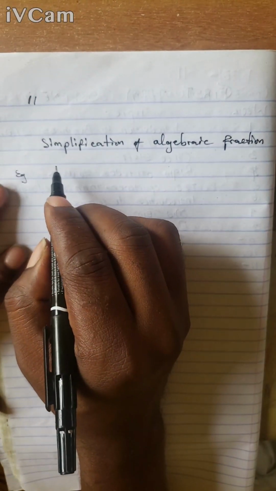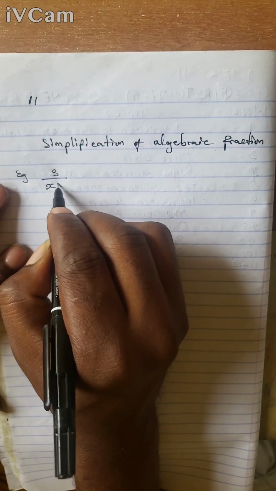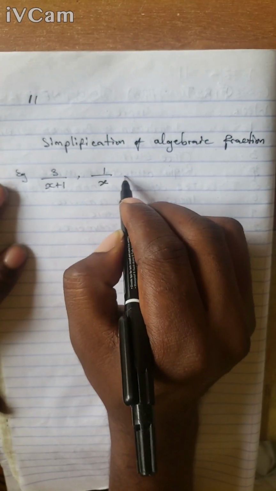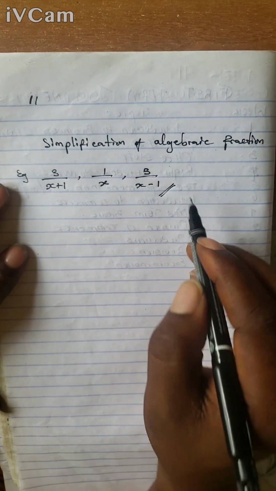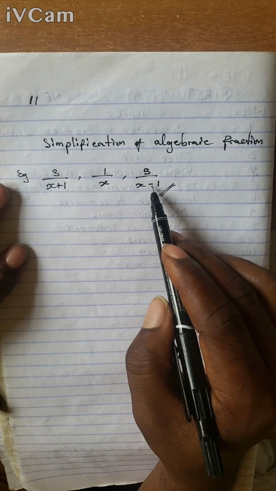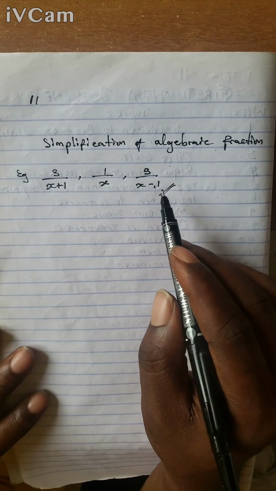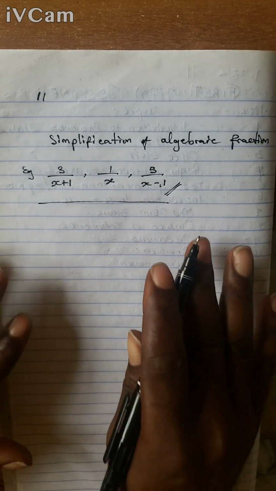For example, if you have 3 over x plus 1, and you have 1 over x, 5 over x minus 1, all these are algebraic fractions with an algebraic expression at the denominator. So this is the kind of fraction we are going to be looking at, to see how we can be able to solve that. Okay, examples now.